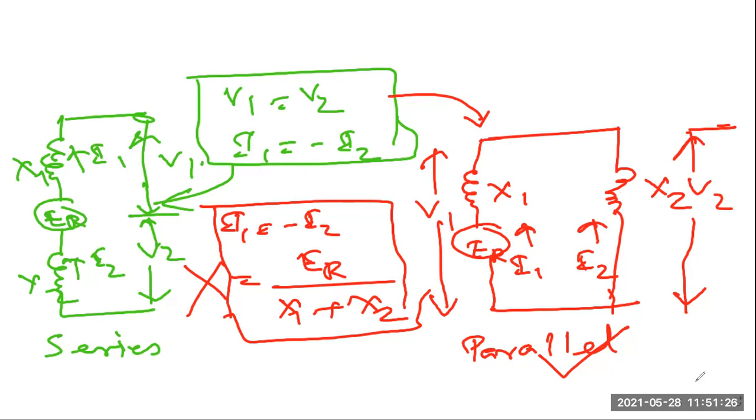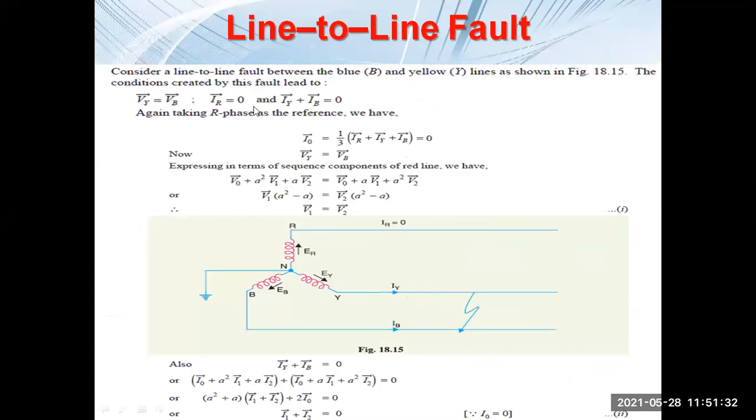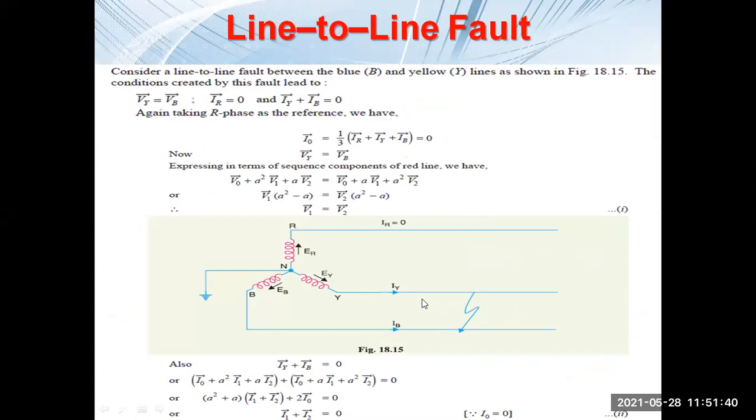Similarly, we need to calculate the fault current. So what should be the fault current? Because you see, we know that IR equal to 0. So fault current will flow in the IY and IB. If we calculate IY, obviously IB will be just minus of that, because IY plus IB equal to 0.